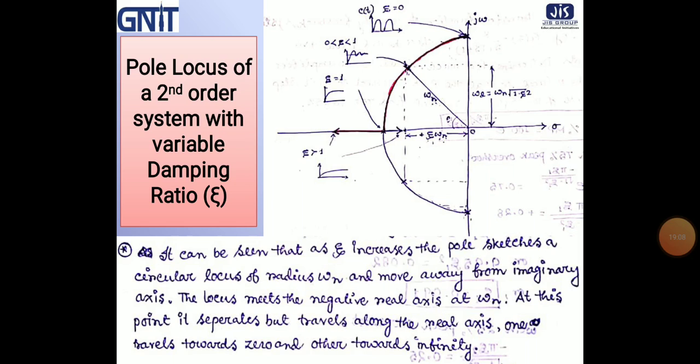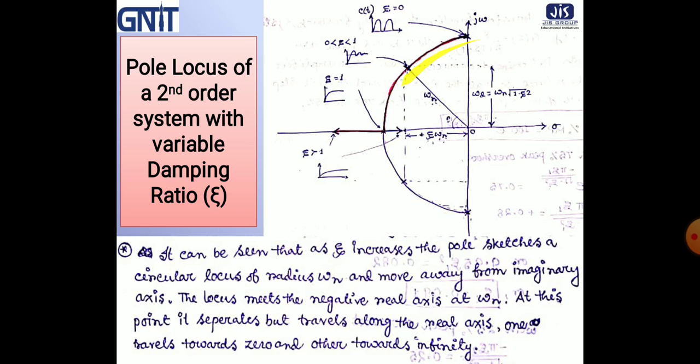At this point it separates but travels along the real axis. That means first it moves from the imaginary axis towards the real axis, one from this end to here and one from this end to here.